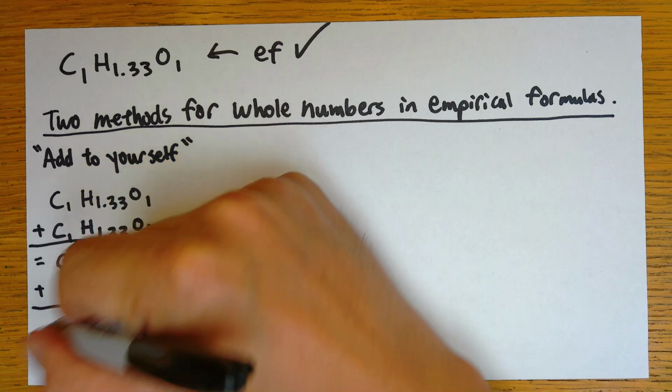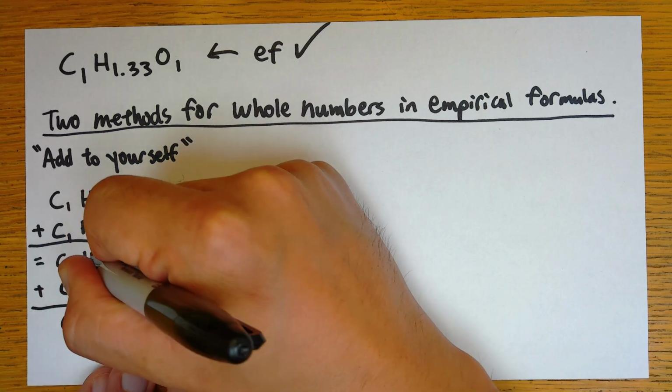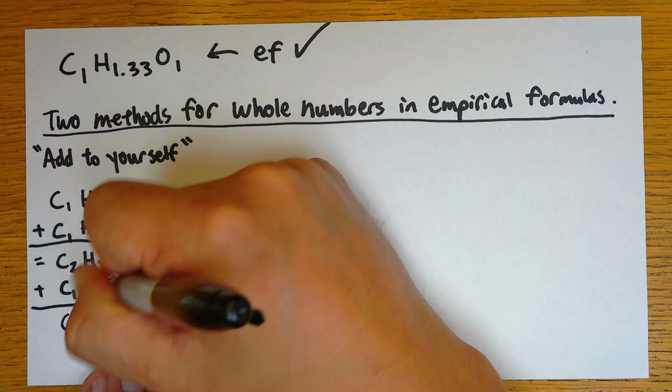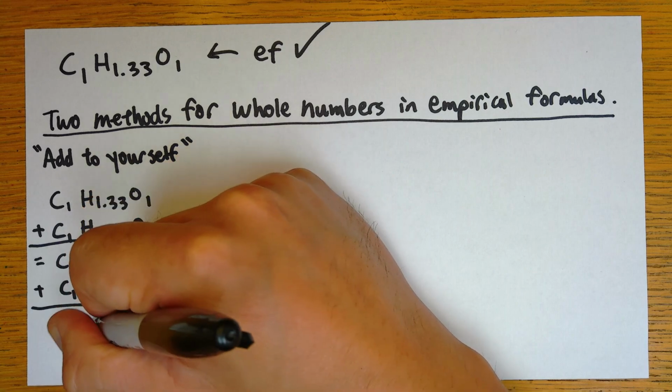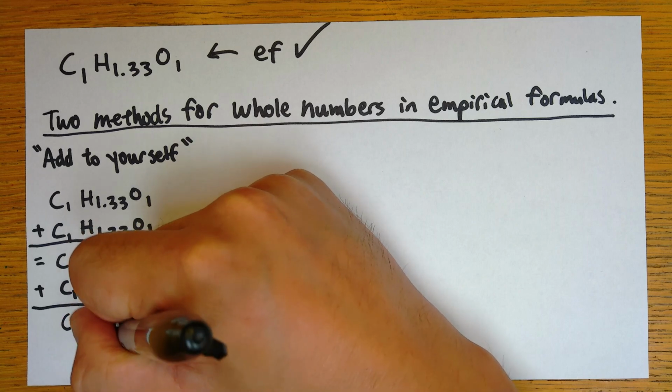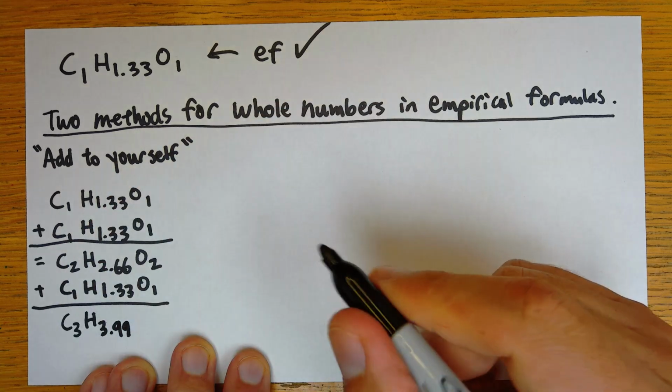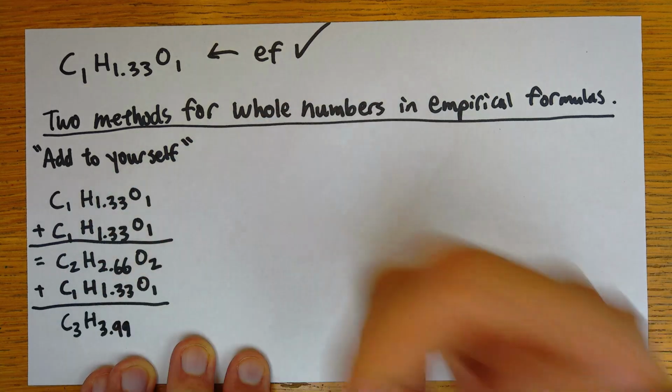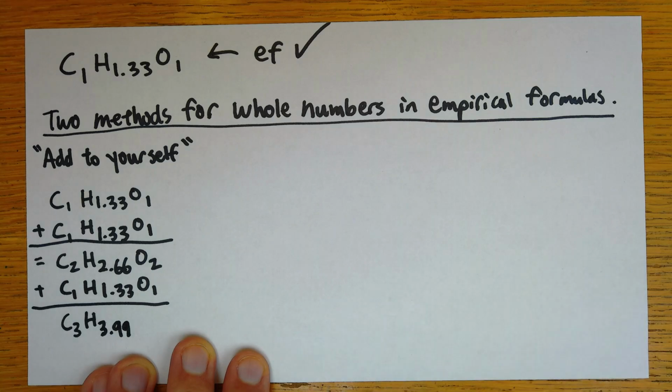All right, so 2 plus 1 gives us 3. 2.66 plus 1.33 will give us 3.99, and that is basically 4. That now falls into our, or at least my, plus or minus 0.02 sort of guarantee.